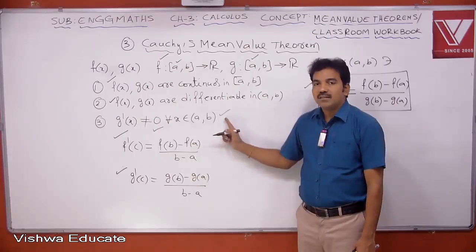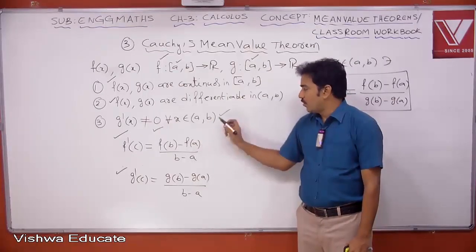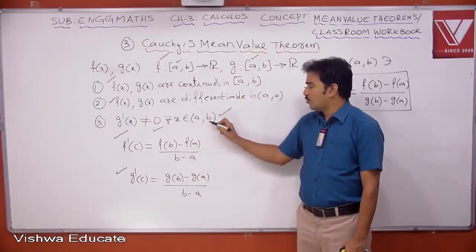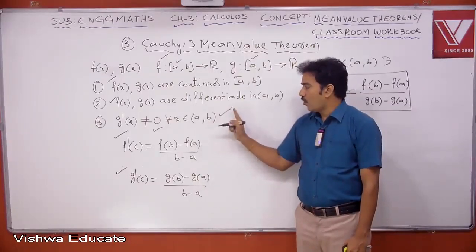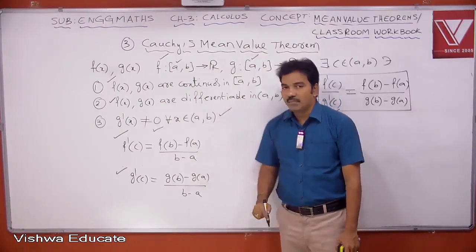Third condition: g dash of x not equal to 0 for all x belonging to open interval a comma b.